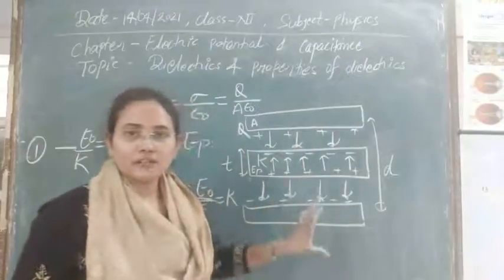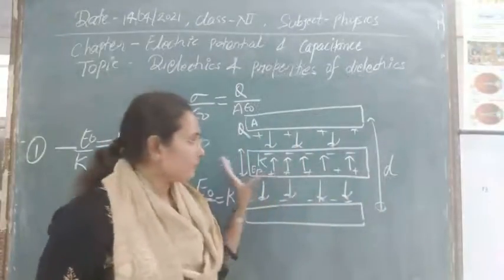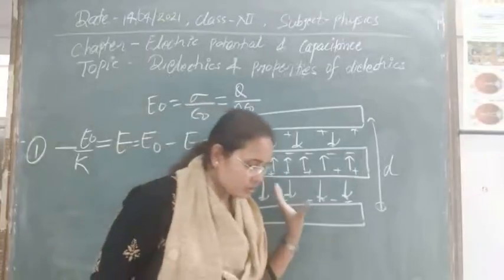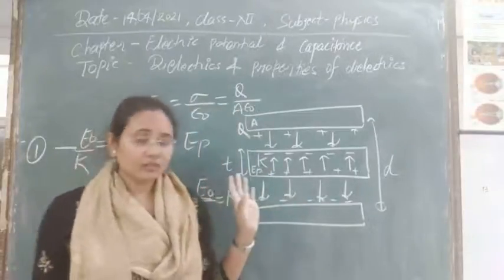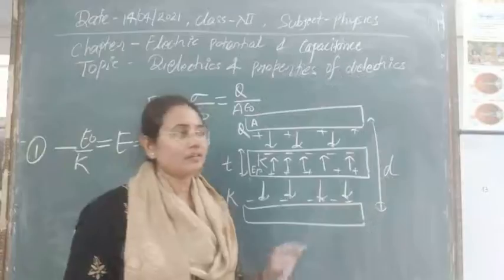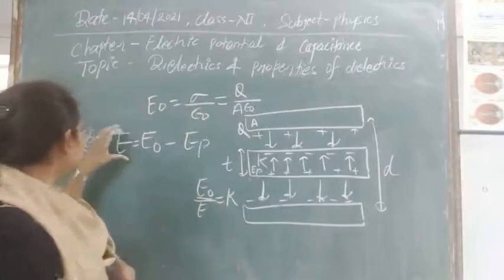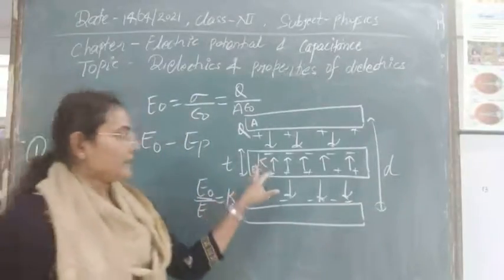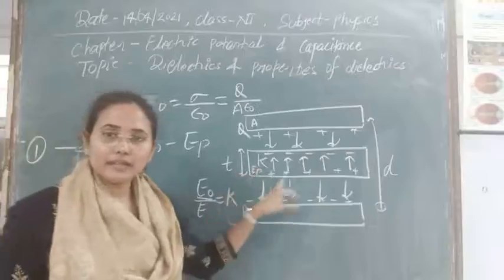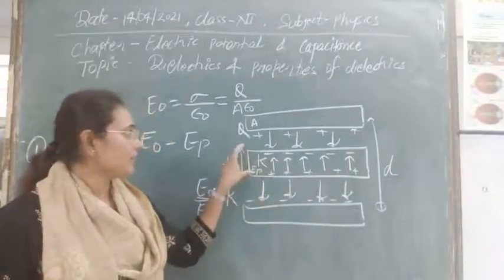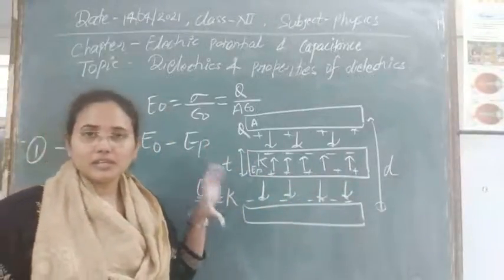So E0 is effective up to the distance d minus t, and the reduced field, capital E, due to the dielectric polarization present here, is effective up to t. This is a very simple concept.